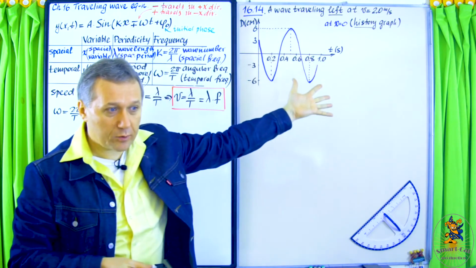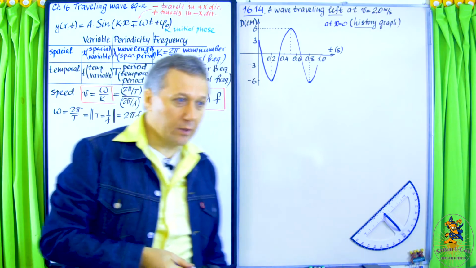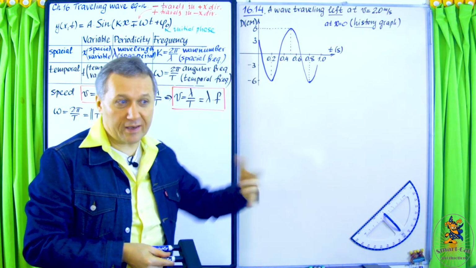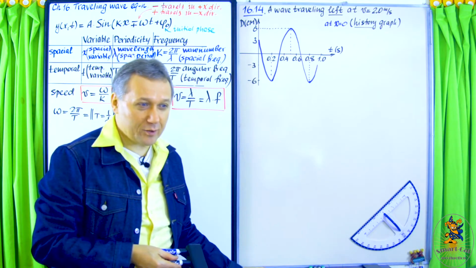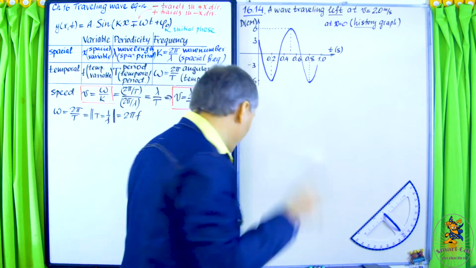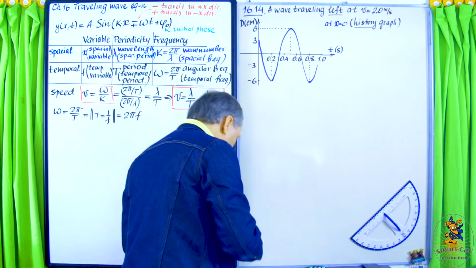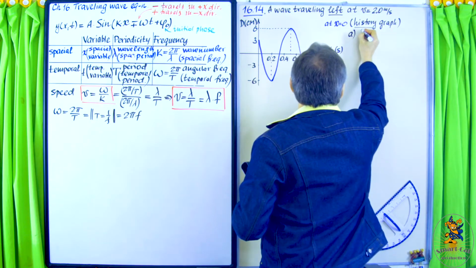Pretty much that's it. So now we should be able to answer a bunch of questions, and at the end I will add additional questions because I think this problem is not exhausted in terms of finding all possible parameters. Okay, so first we need to find the amplitude.